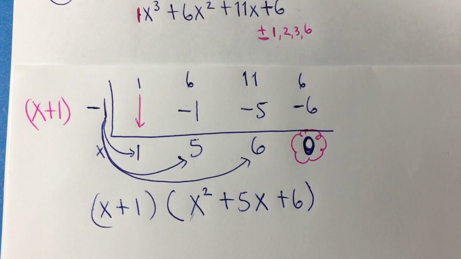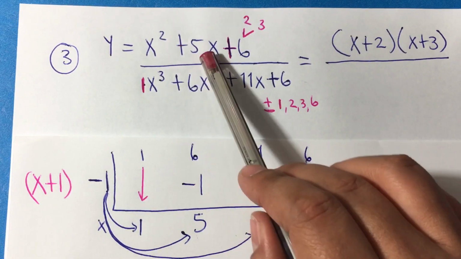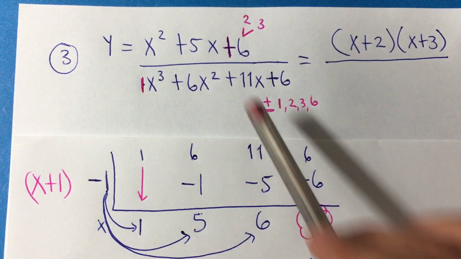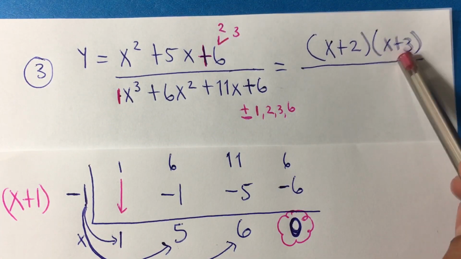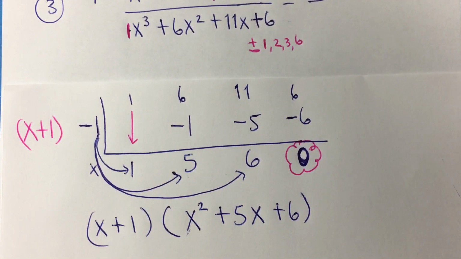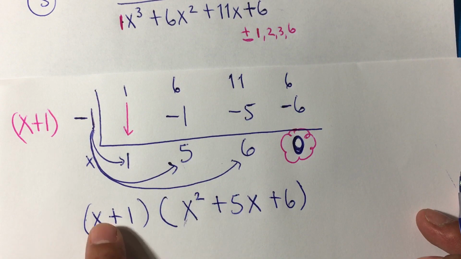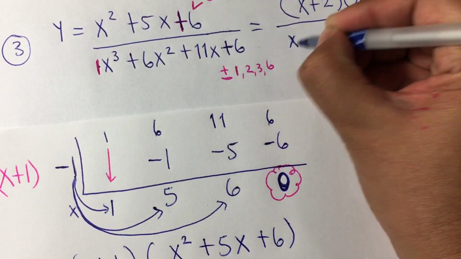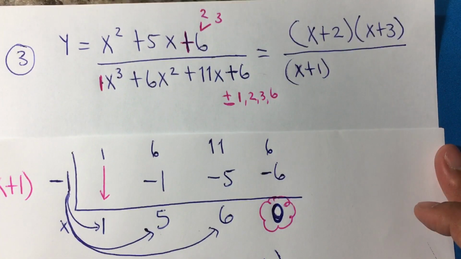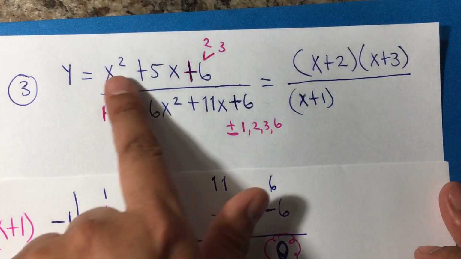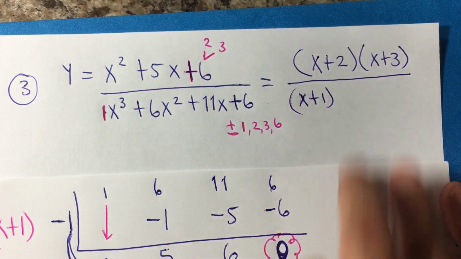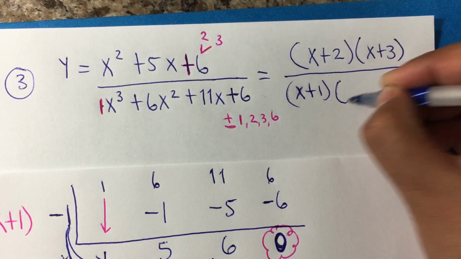Now, as you can see, x squared plus 5x plus 6, x squared plus 5x plus 6, that means that this right here can factor to become these two factors. So I just wanted to rewrite x plus 1, and then this right here is the same as this one, so just bring those factors right there.